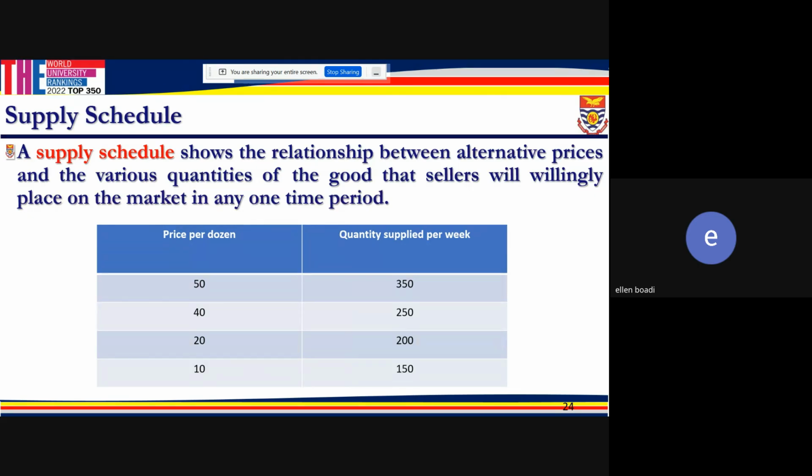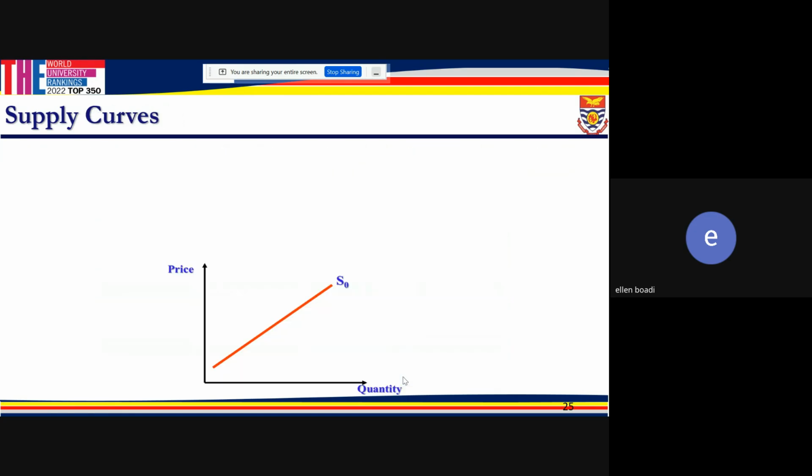A tabular representation of this relationship is what we call the supply schedule. At price 50, quantity was 350. If it falls to 40, you see that quantity reduces. When it's 10, quantity reduces further to 150. So it moves in the same direction, a positive relationship.